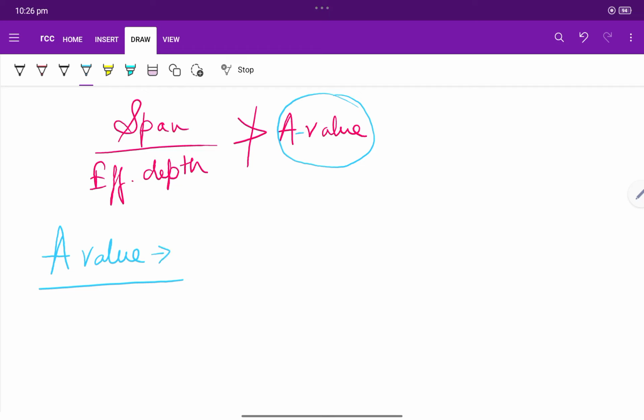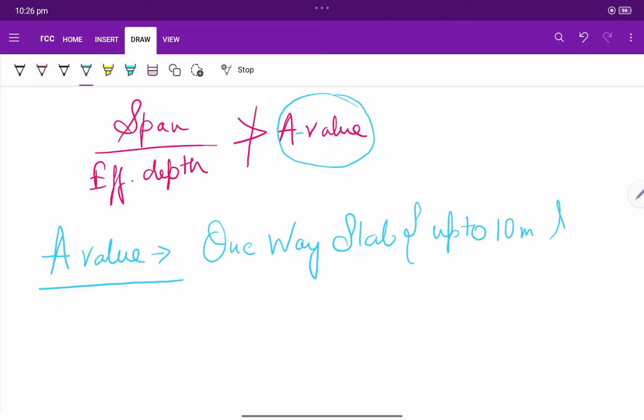This a value is for a one-way slab up to 10 meter. So this 10 meter is the shorter span.